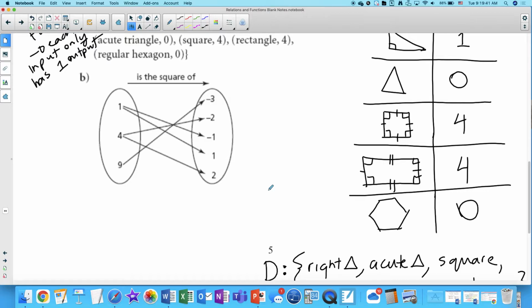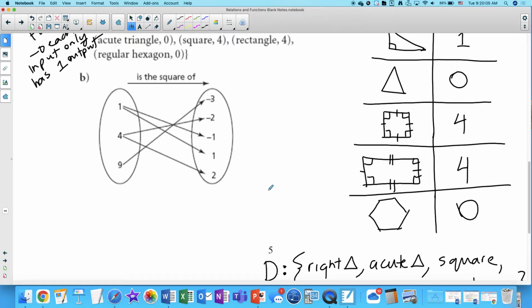Right, -2 squared is 4, 2 squared is also 4. 9 is the square of -3. For some reason, 3 is not included in the range, but of the values that are listed in the range, 9 is just the square of -3. Okay? Is this a function?